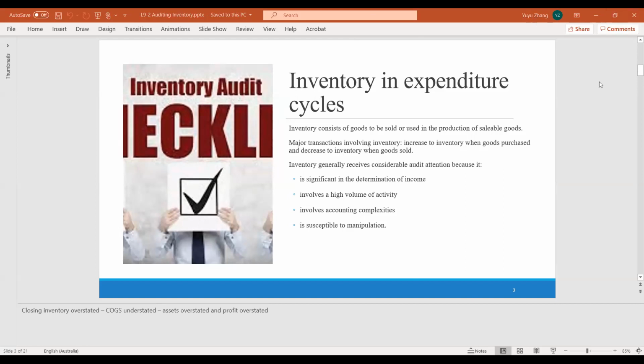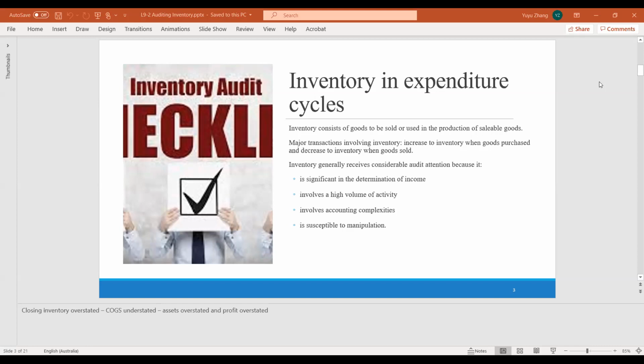Let's think about inventory, still thinking you are auditing a very, very small company. In this company, you have designed your audit test for the sales cycle, and also for the purchase cycle in the last 2 lectures, right?